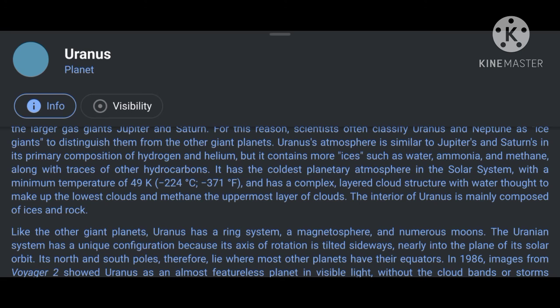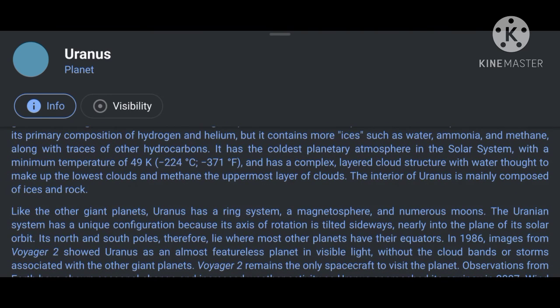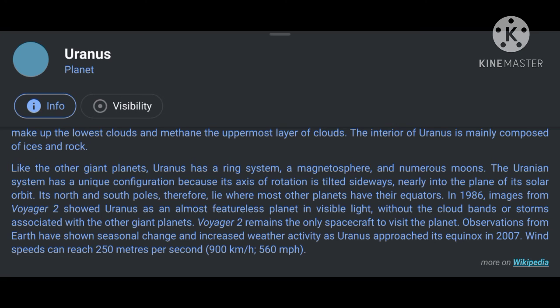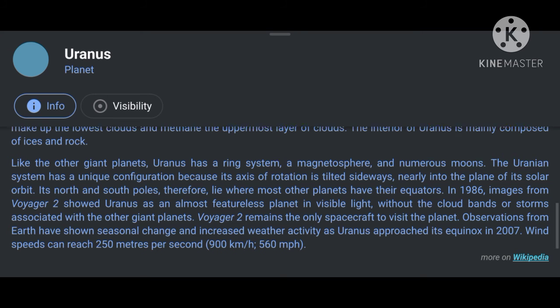Another is that it has the coldest planetary atmosphere in the solar system, with a minimum temperature of 49 degrees Kelvin, and has a complex layered cloud structure, with water thought to make up the lowest clouds and methane the uppermost layer of clouds. The interior of Uranus is mainly composed of ices and rocks. Uranus also has a ring system, a magnetosphere, and numerous moons.